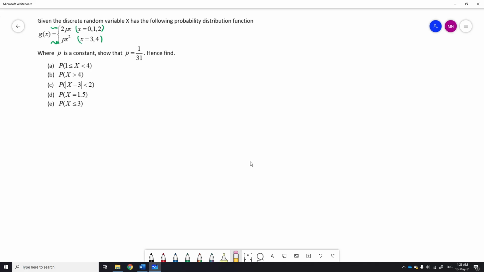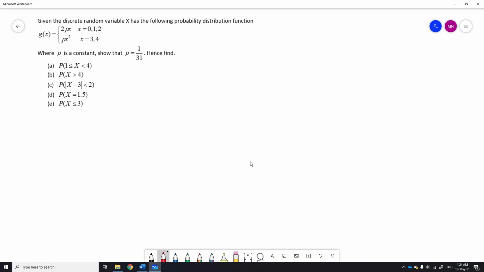Make sure you use the correct output with the correct input. So the first thing is to show that p is equal to 1 over 31.